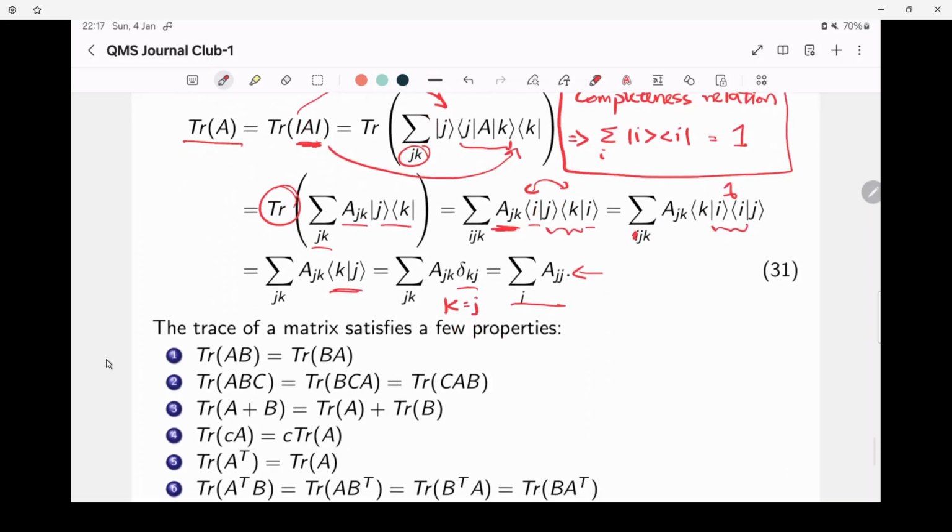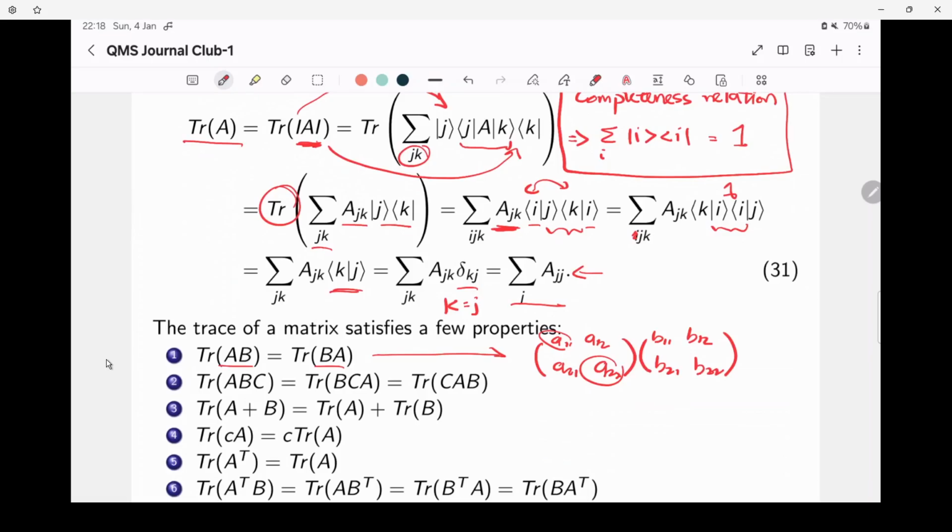So the trace of a matrix satisfies certain properties. First one: when you take the trace of A multiplied with B, where A and B are two matrices, it is equivalent to the trace of B times A. For this one, there's no other way, but you can just test it out with, for example, A11, A12, A21, A22, multiplied with B11, B12, B21, B22, and just look at your diagonal elements.